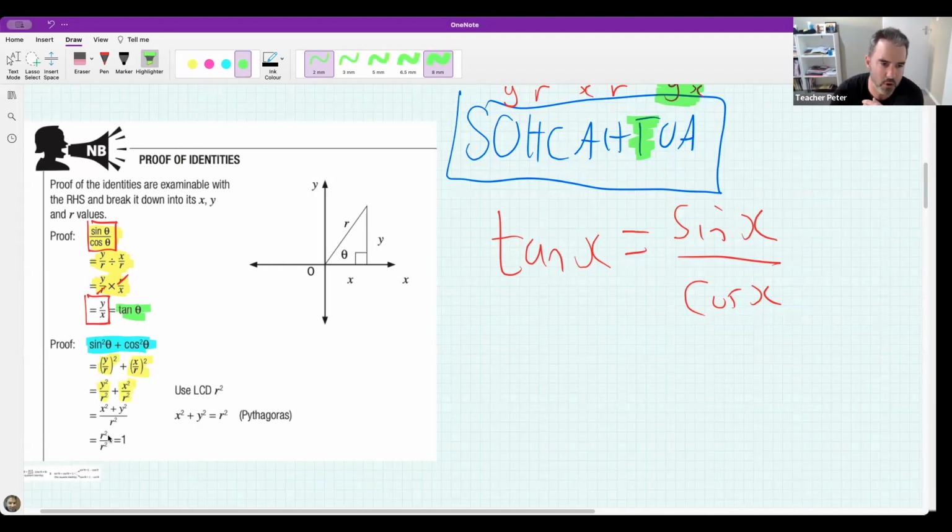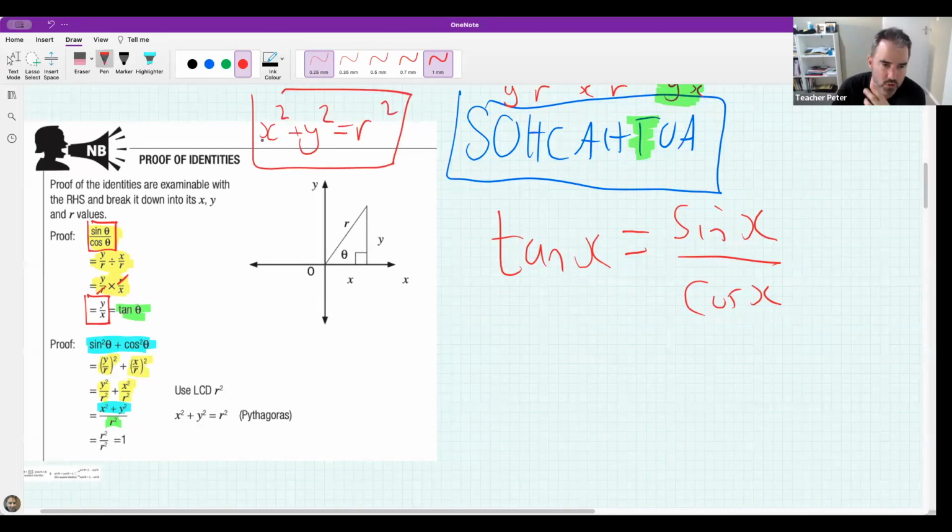And you know what? They both have the same denominator, which is r squared. And we can also add together the x squared plus the y squared. If you look at this from the theorem of Pythagoras, we know that x squared plus y squared is r squared.